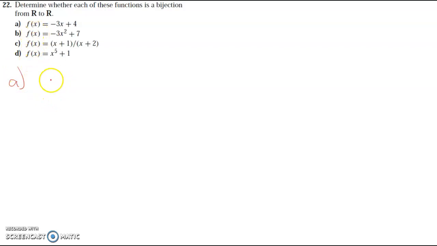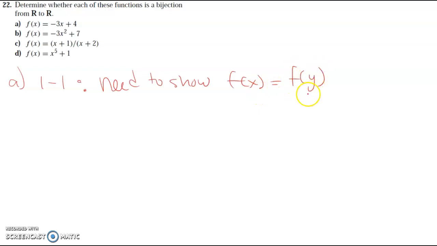So for A, f of x equals -3x plus 4. We kind of immediately know from using our algebra background that this is going to be one-to-one and onto, but how do we mathematically, rigorously prove that? To prove one-to-one, we need to show that for every value that we put in x, there will exist a unique value of y.